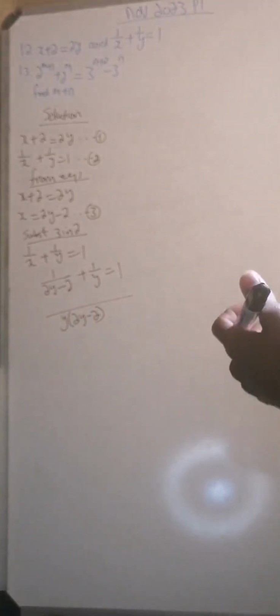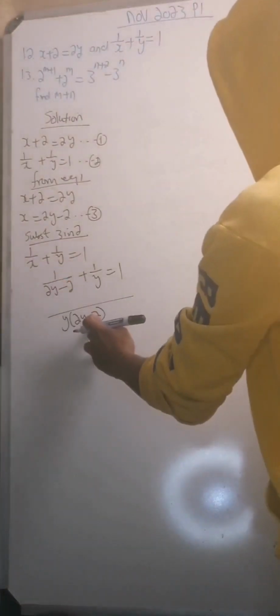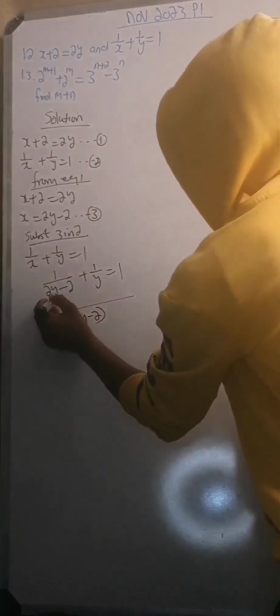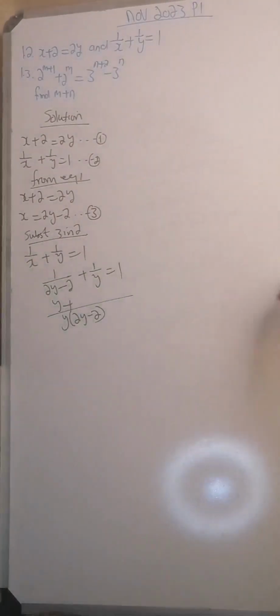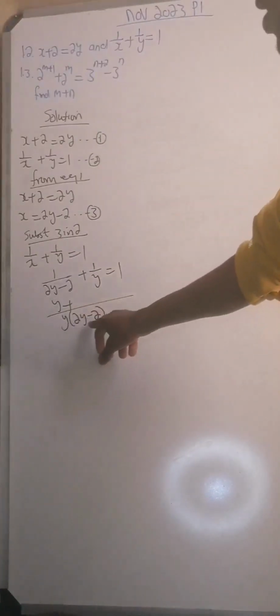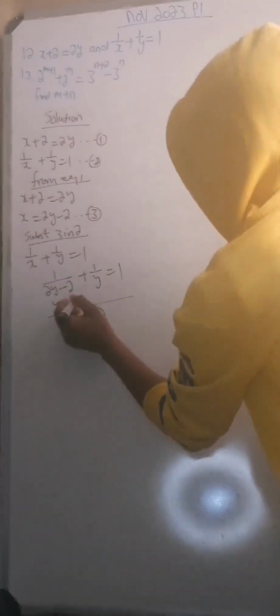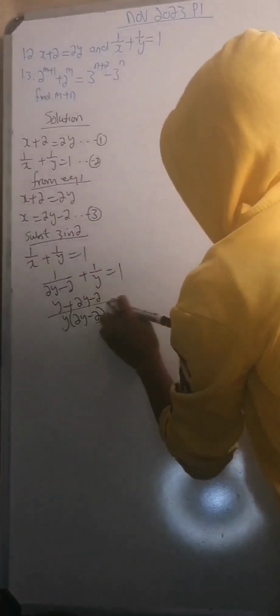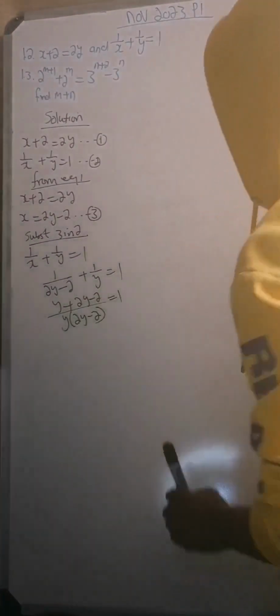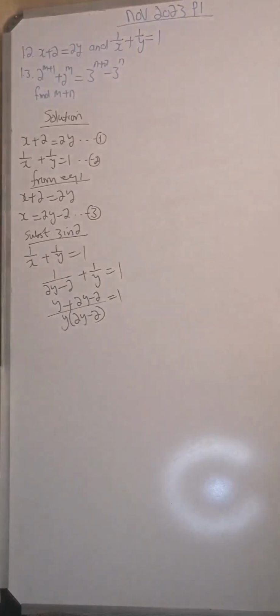So what am I going to do from here? This into this goes once, this times that is y, addition sign. This into this goes once, this times this is 2y minus 2, and this equals 1.